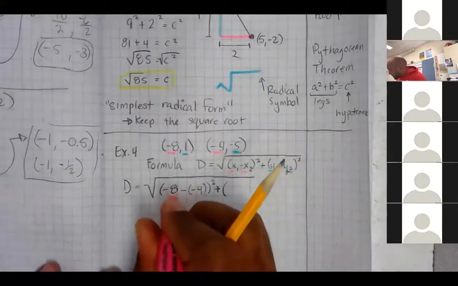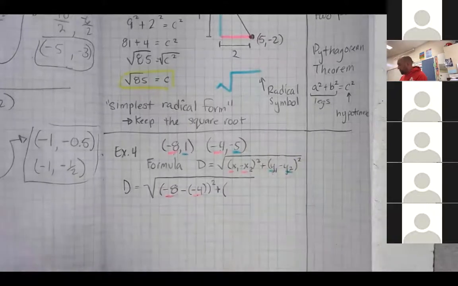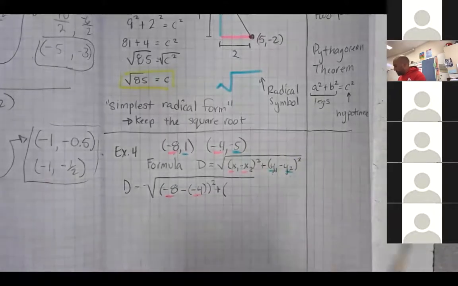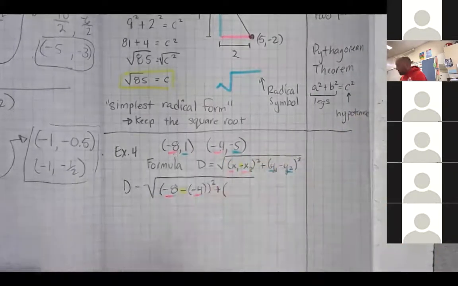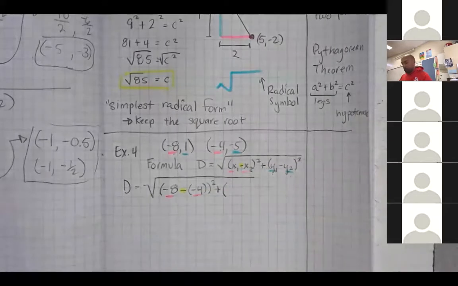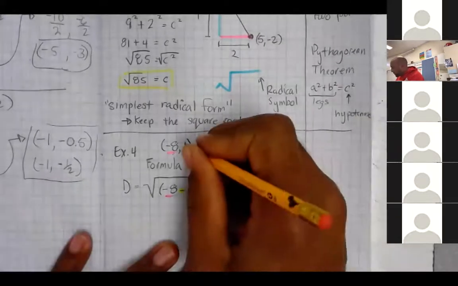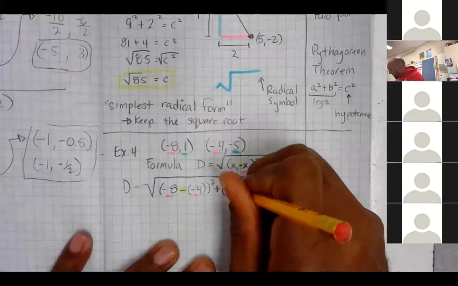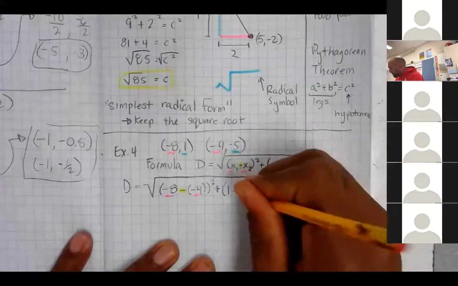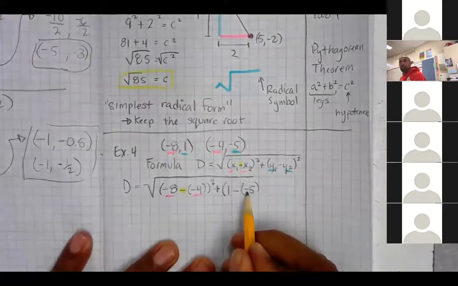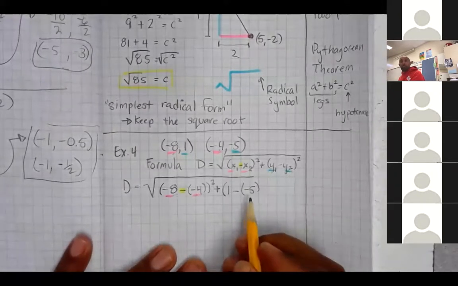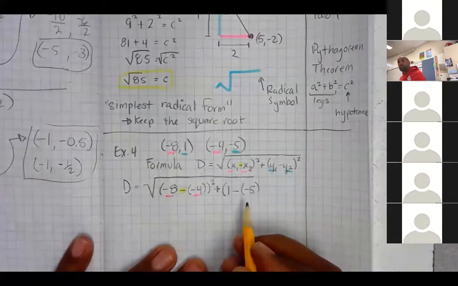Actually, let me color code this one too. Okay, I'm also going to color the fact that we have minus in the middle there. Okay. So here it's the first y, 1, minus -5. So again, minus. I don't know if you guys remember in middle school, some of your teachers might have taught you leave, change, change, or LCC.